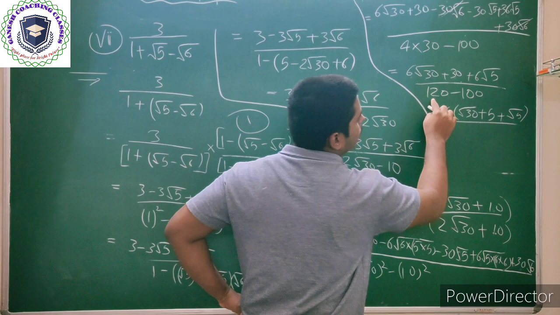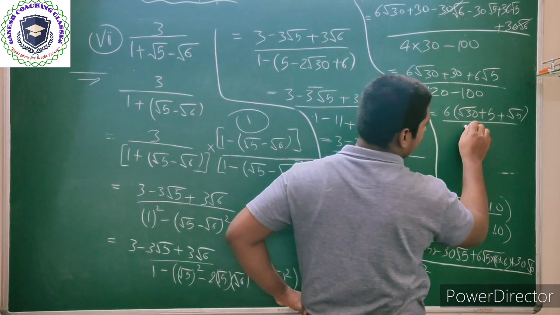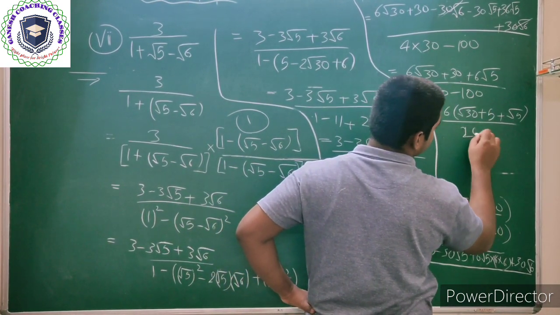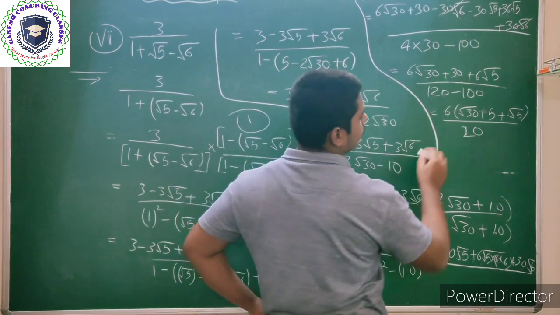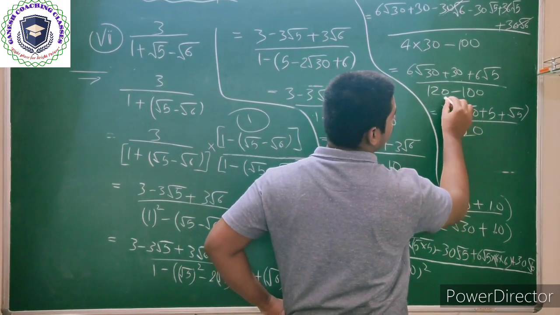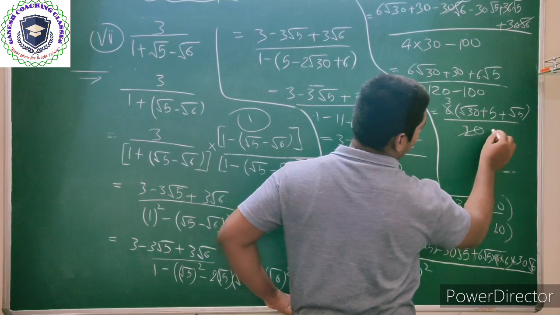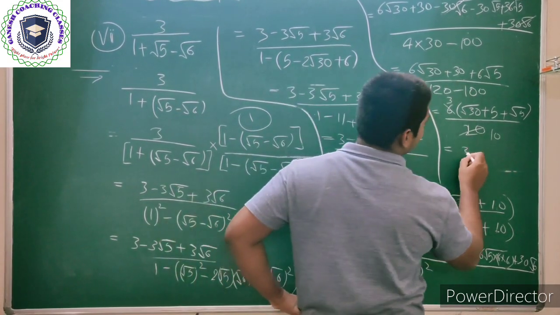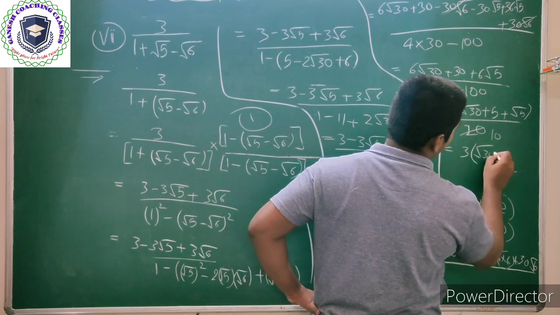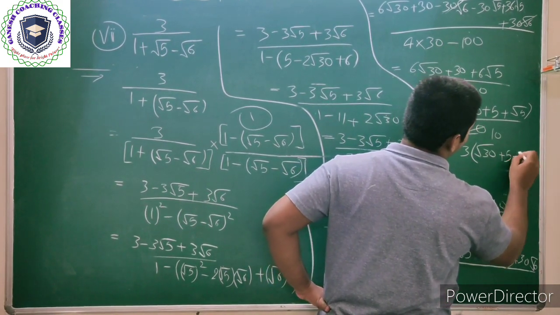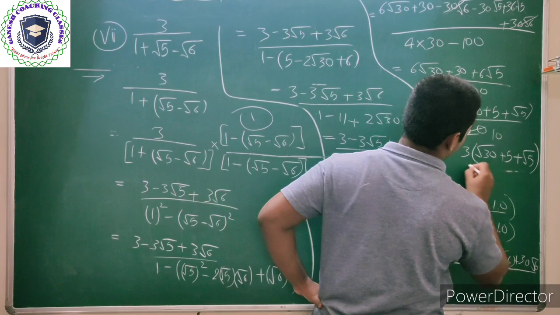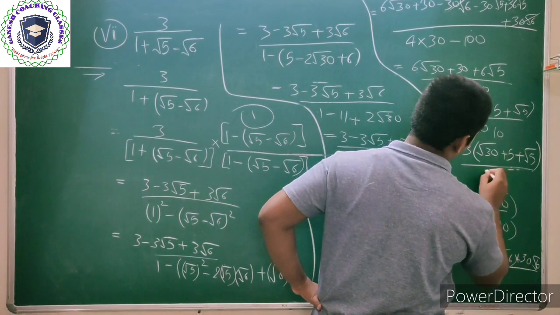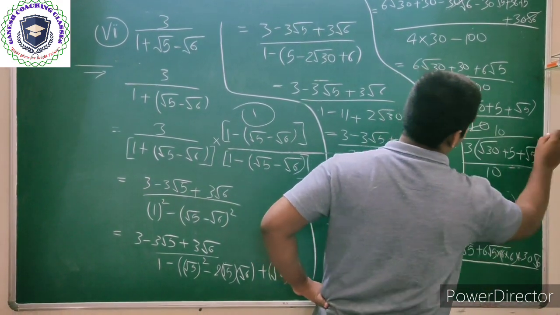Okay, in denominator 120 minus 100, which is 20. Okay, so 6 2 3s are 6 and 2 10s are 20. So our final answer is 3 root 30 plus root 5 upon 10. Okay, this is our final answer.